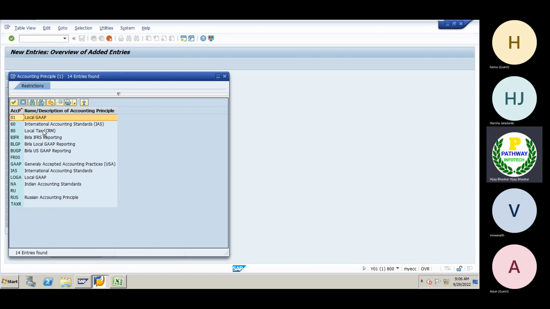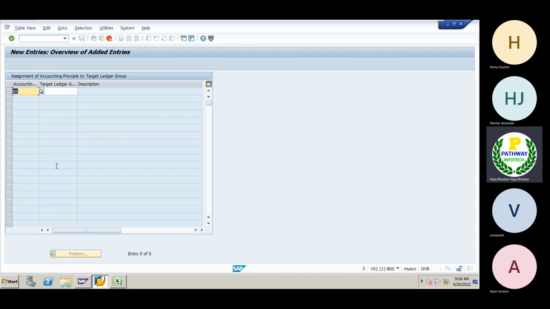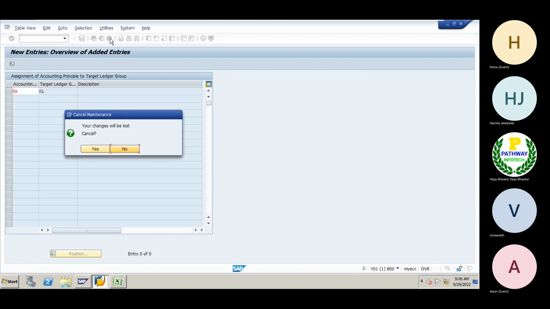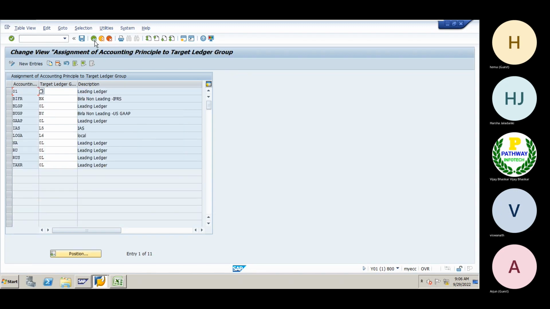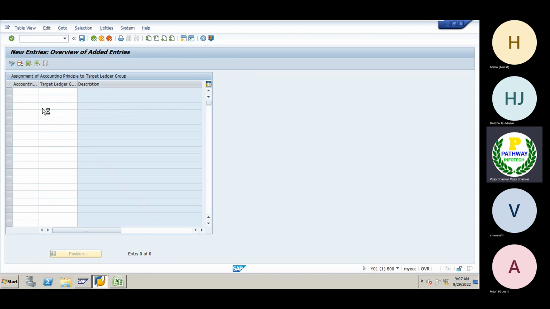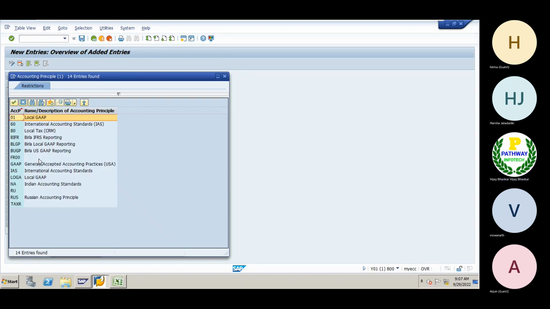GAAP and IFRS, NA, Indian Accounting Standards. Okay, we'll give the Indian Accounting Standards. Let's see, an entry already exists with the same key. We'll give a different accounting principle, IFRS.